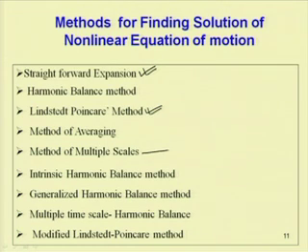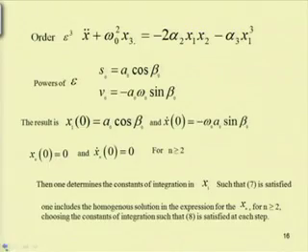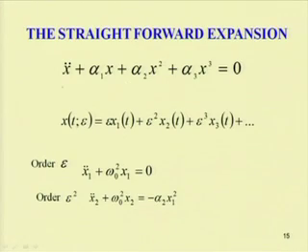In the straightforward expansion method, let us consider the equation x double dot plus alpha 1 x plus alpha 2 x square plus alpha 3 x cube equal to 0, where alpha 1 we have taken equal to omega 0 square.